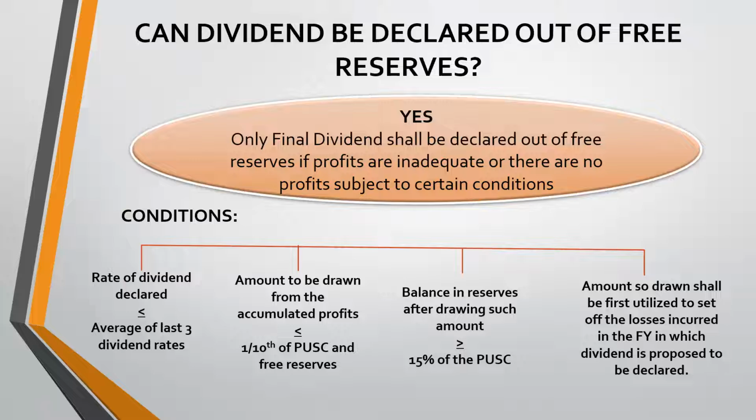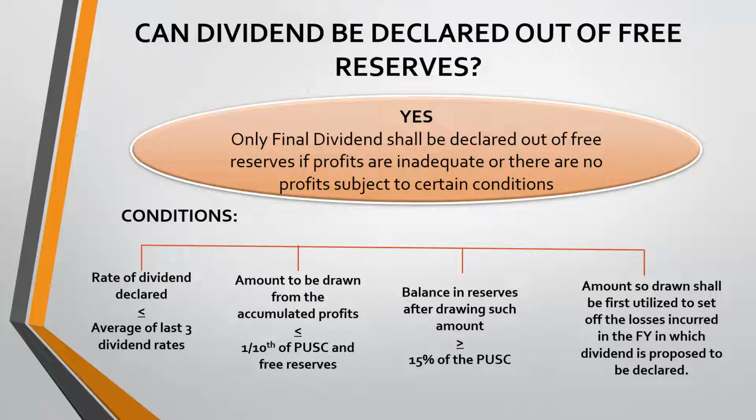Now, can dividend be declared out of free reserves? So yes, only final dividend shall be declared out of free reserves if profits are inadequate or there are no profits. However, there are certain conditions. After complying with these conditions, the final dividend can be declared.